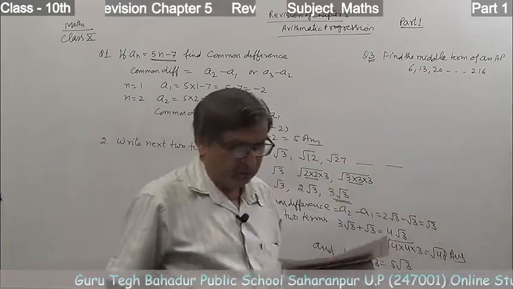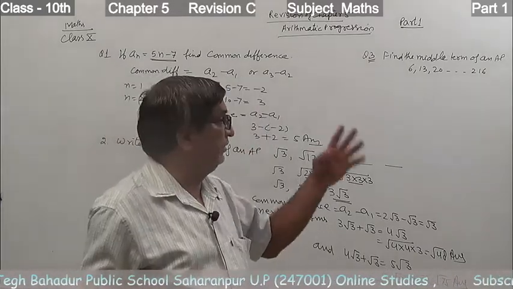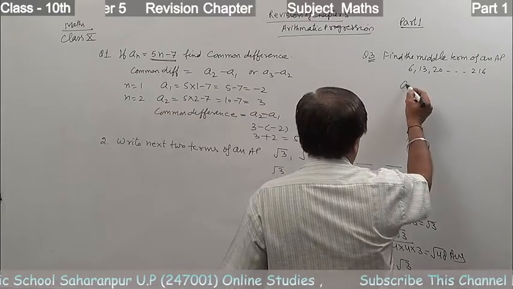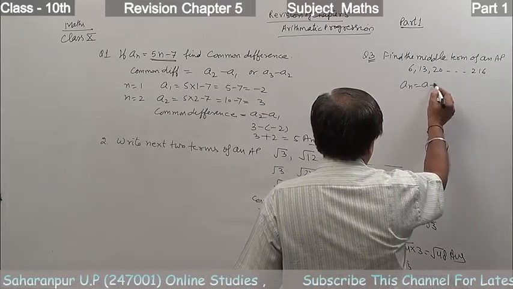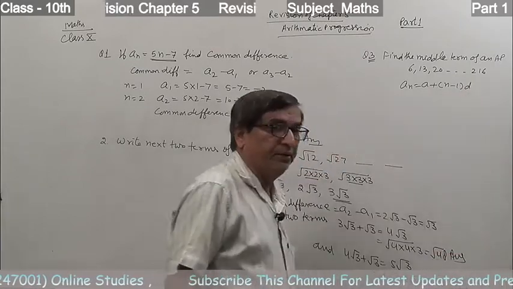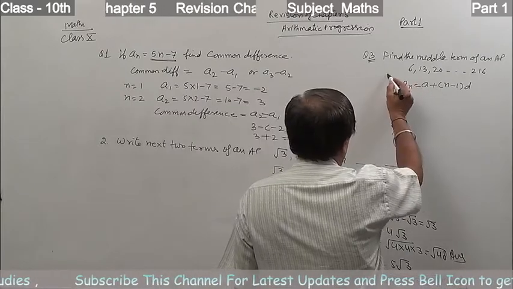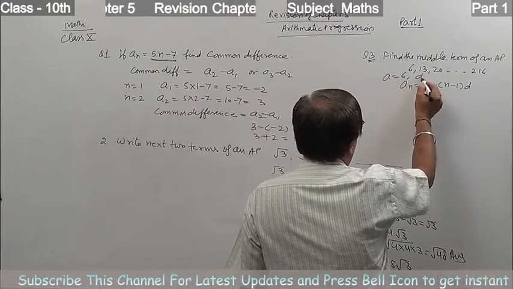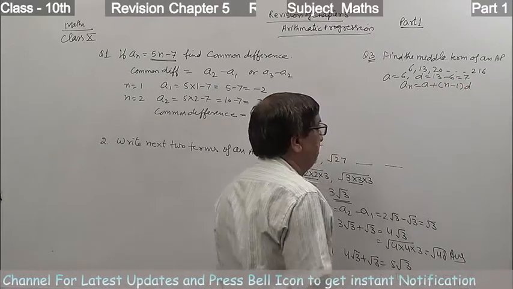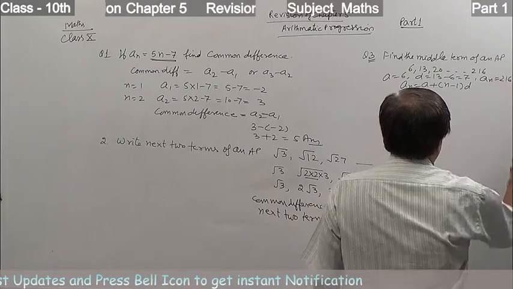First of all, we will find out the number of terms in the given AP. Applying the formula, a_n is equal to a plus (n minus 1) into d. a is 6, d is 13 minus 6, so 7, and a_n is 216.